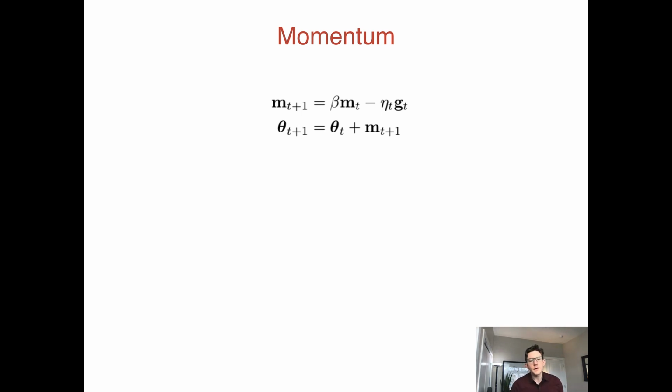So this method of momentum is quite effective, and it's used very often in practice. So those are a couple of different flavors of gradient descent: the fixed step size, the line search, and the momentum.